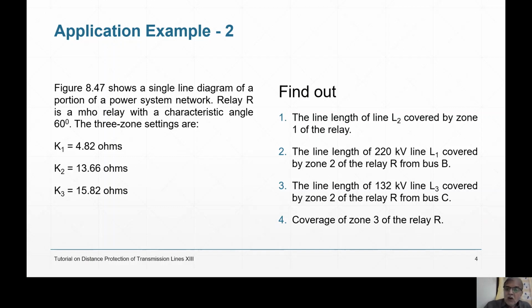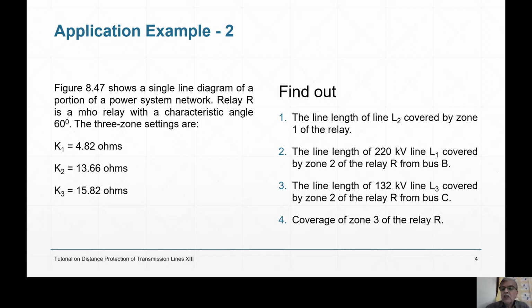What you are required to find out is the line length of line L2 covered by zone 1 of the relay. The line length of 220 kV line L1 covered by zone 2 of relay R from bus B. That is, parallel line is there. How much will be covered in zone 2 in parallel line?